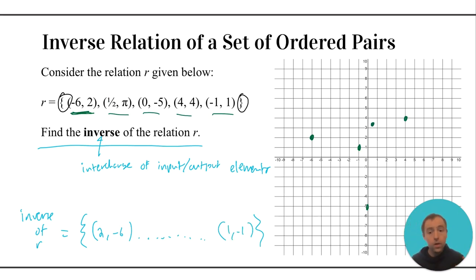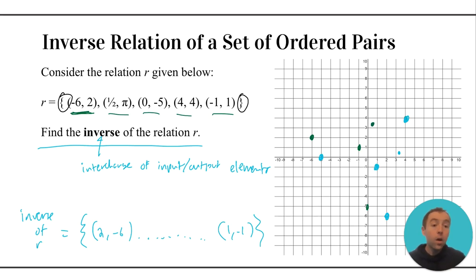So if I were to plot all 5 of these ordered pairs, first (2, -6), and then (-5, 0), and (4, 4) is actually going to stay the same, and (1, -1), we get these blue ordered pairs.